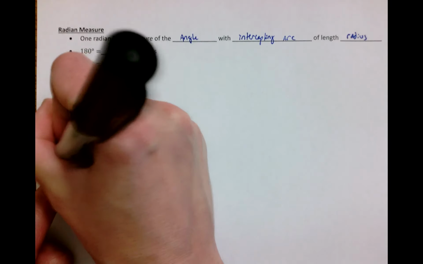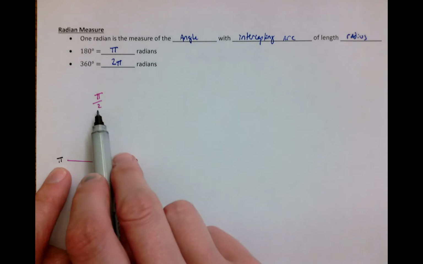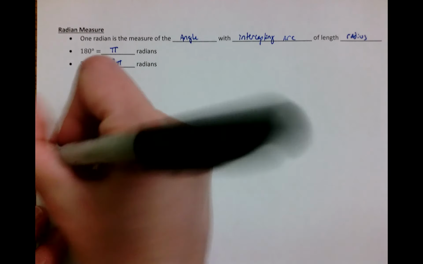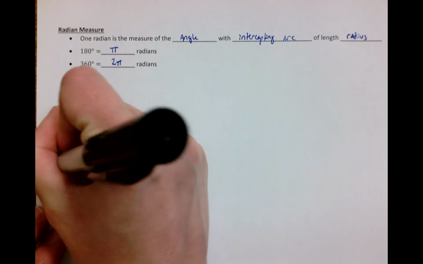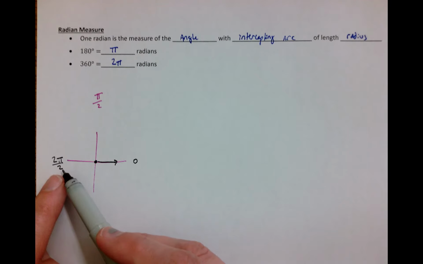But since my denominator is 2, instead of just labeling that as pi, I'm going to label it as 2 pi over 2. That simplifies to just 1 pi, the same thing as pi, but it gives me a common denominator.